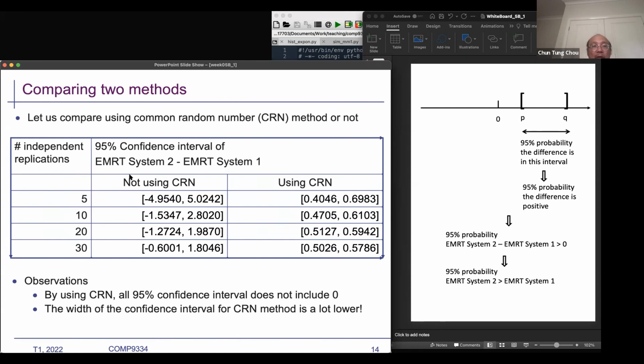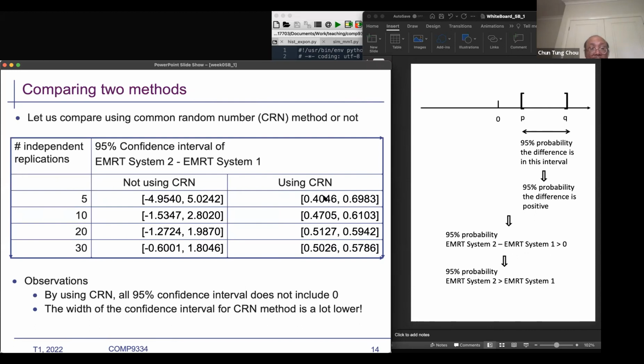One is where we didn't use the common random numbers method earlier, and these are the confidence interval results. The other is if you use the common random numbers method. If you use 5 replications, you have already seen the results. If you don't use the common random numbers method, the result is inconclusive. But if you use the common random numbers method, we can say system 1 is better.